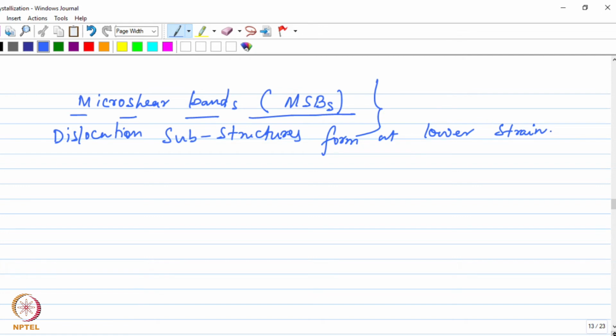So now these dislocation boundaries that you have, for them to turn into high angle grain boundaries, the misorientation across them has to be increased, right? This is something that we have discussed before also. So as the MSBs form in the next stage, the misorientation increases.